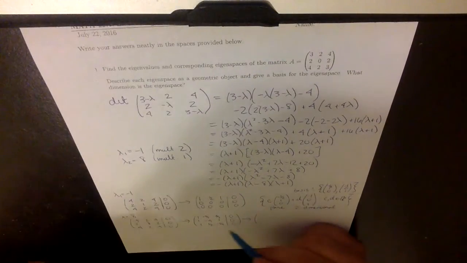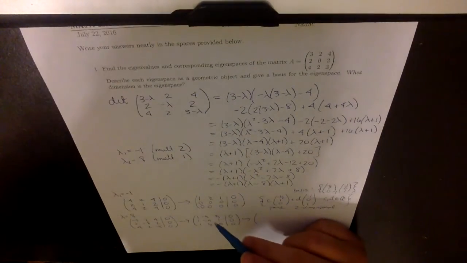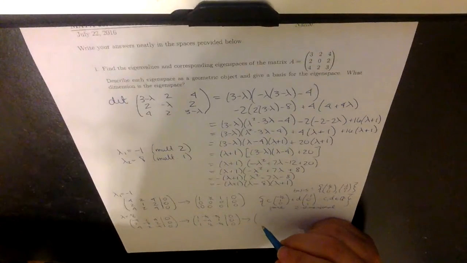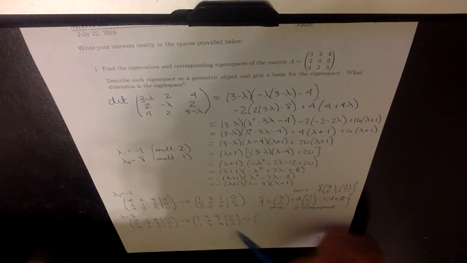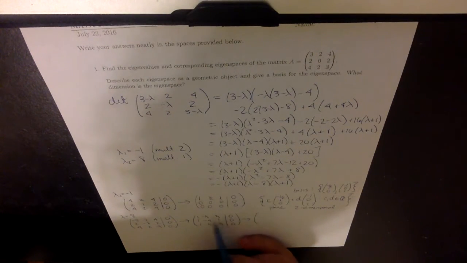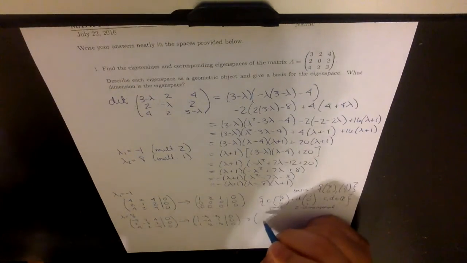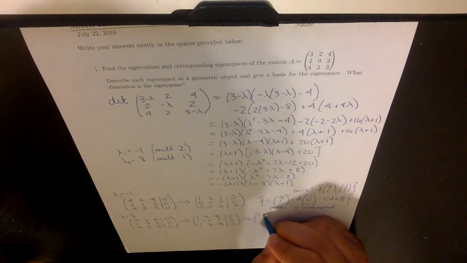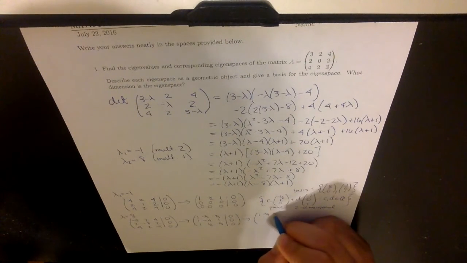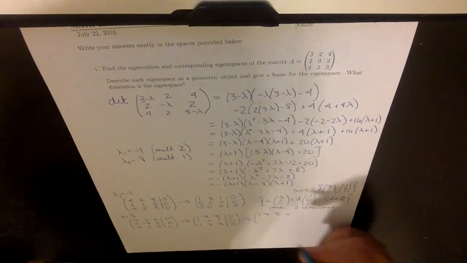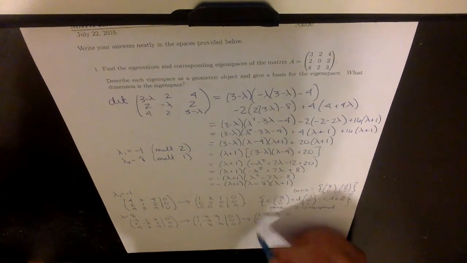Okay, now let's zero out these two entries using the first row. So when I do that, I'm going to take this row and I'm going to subtract the first row. Okay, so 1 minus 1 is 0.